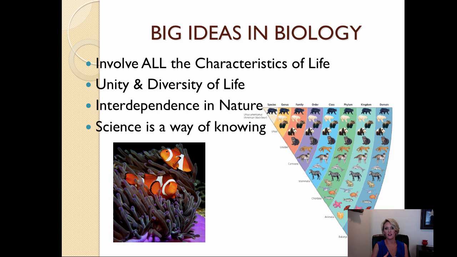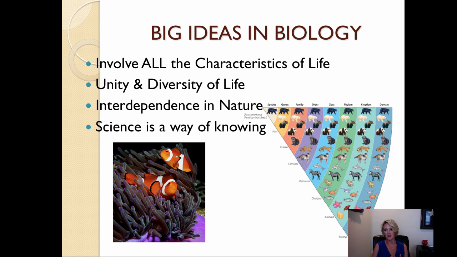Another big idea in biology is unity and diversity. All living things on our planet are unified in that we all have the same DNA molecules, and we use the same amino acids to make proteins. Now, the way in which the molecules of our DNA are organized and the way in which we make our proteins is a little bit different, which will lead to the diversity.